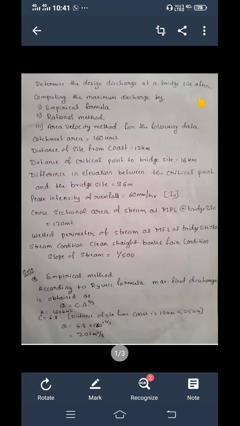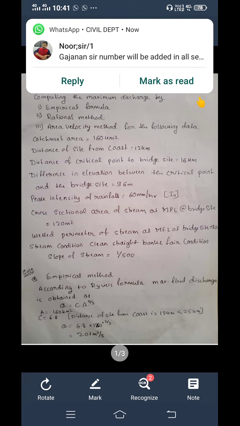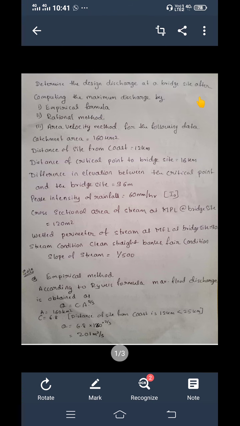They have given the cross sectional area of the stream at maximum flood level at the bridge site, that is 120 meter square, that is our A.